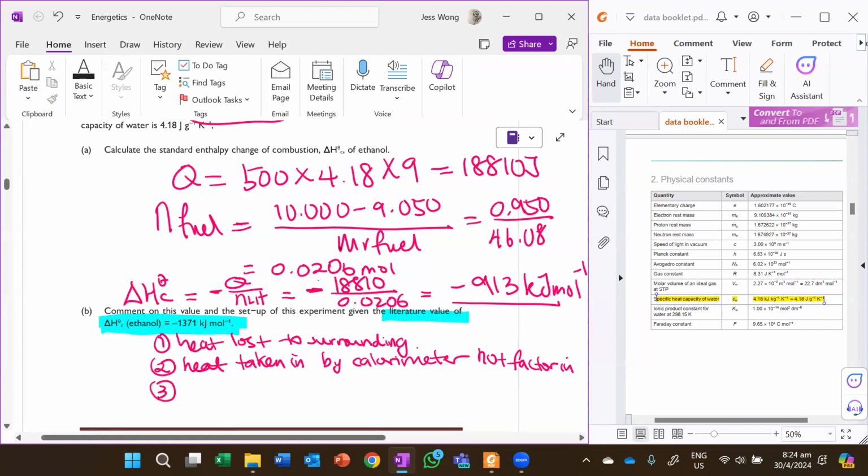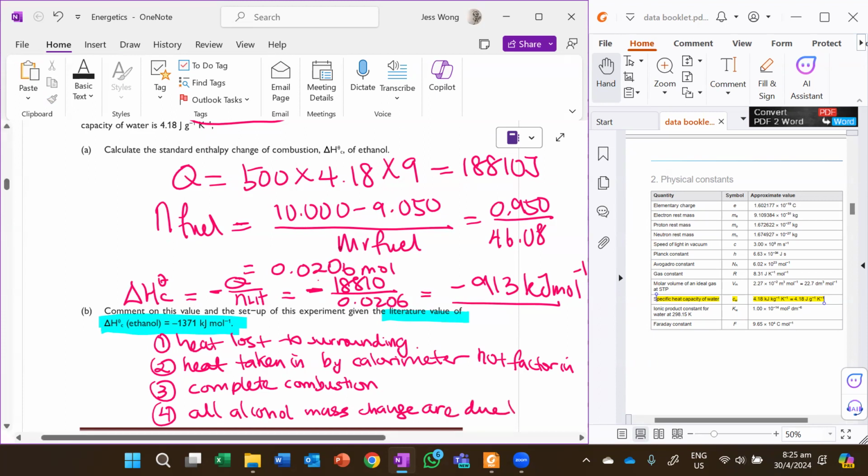Also, you are assuming that there is complete combustion, whereby all your fuel is converted into CO2 and water. Next, you are also assuming that all the alcohol mass change is equal to the alcohol burnt in combustion.